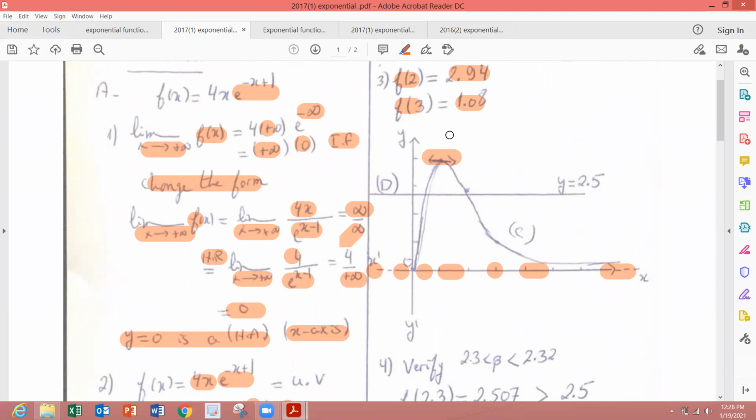We have f of 2 equals 2.94, this is the point here, and f of 3 is 1.08, and f of 0 equals 0.